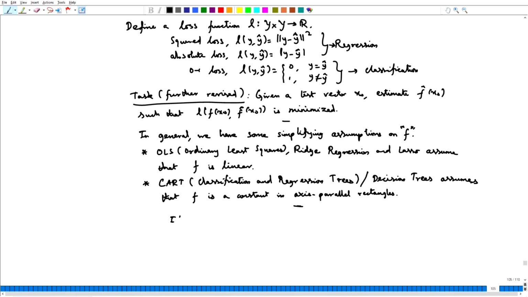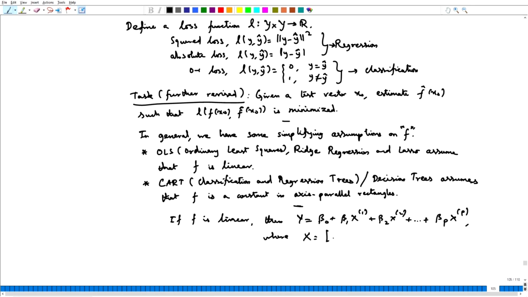If f is linear, then we have y is beta naught plus beta 1 x 1 plus beta 2 x 2 plus dot dot dot plus beta p x p, where x is the vector x 1, x 2, dot dot dot, x p.